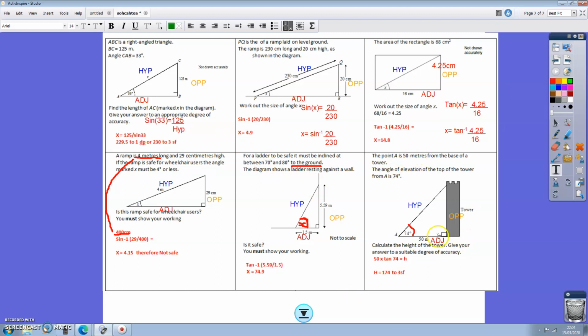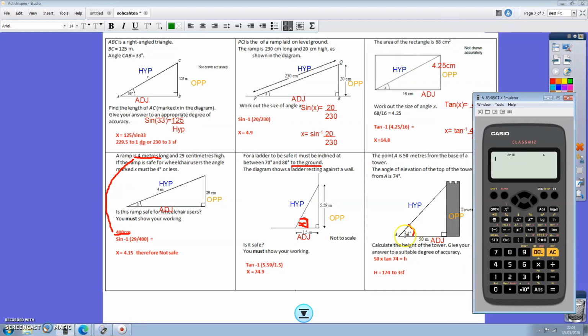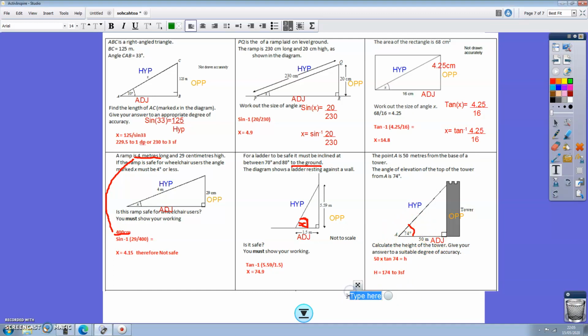The other one in here says 3SF, 3 significant figures. Up to now we've used decimal places. Remember, if we did this calculation on our calculator, and I will just put it up now, we've got 50, tan of 74 equals the opposite divided by the adjacent.